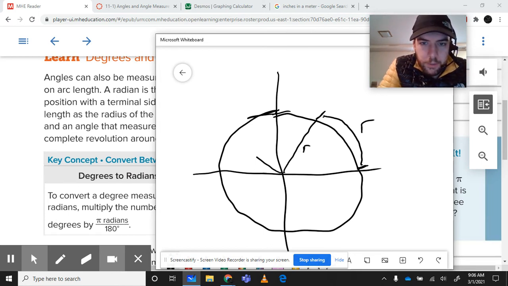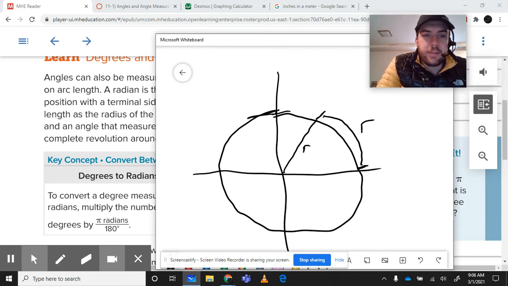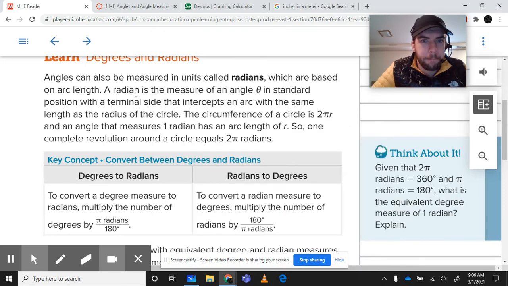If we have a little bit over 6 of them or so, 1, 2, 3, 4. I didn't divide that up very well. Anyways, that is their definition of a radian. It's the particular angle. Okay, so I'll call that 1 radian. It is the particular angle that gives you the same length for the radius as it gives you for the arc length. That's just a different way of describing it.